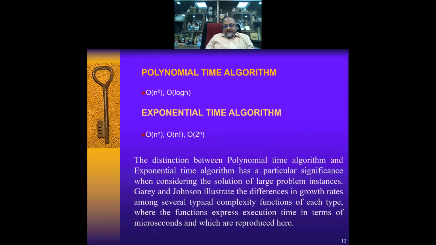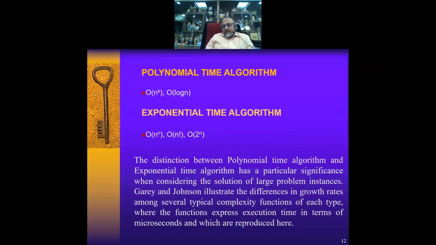Garey and Johnson illustrate the differences in growth rates among several typical complexity functions of each type, where the functions express the execution time in terms of microseconds, and which are reproduced here.